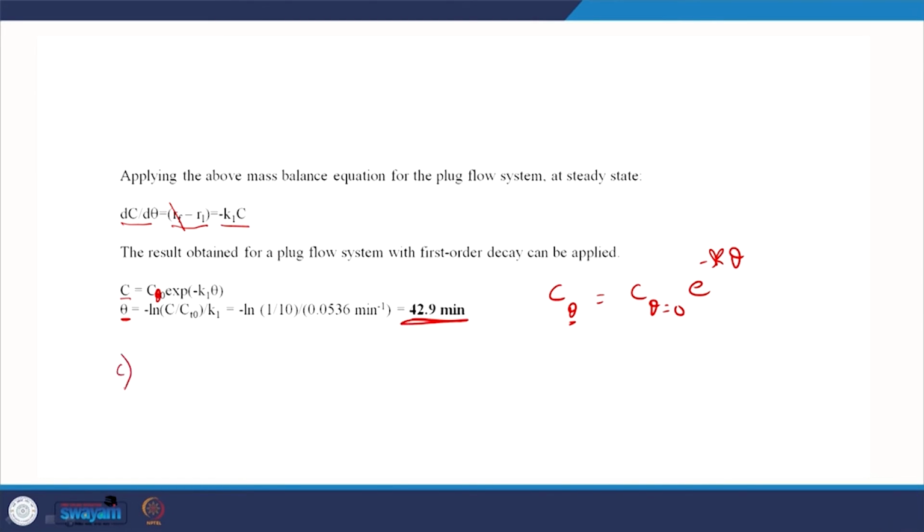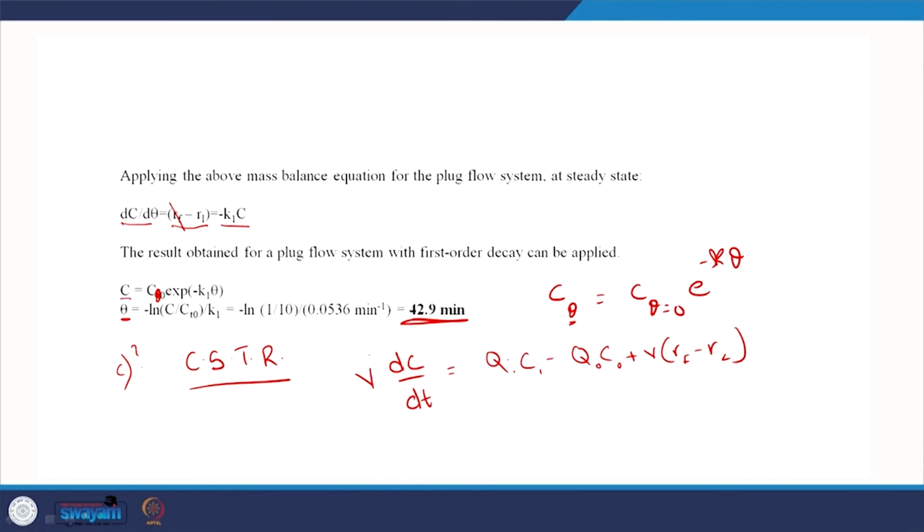We are in part C, we are going to calculate it for CSTR or the continuously stirred tank reactor. So, here we are going to use the macroscopic equation. So, dC by dt is equal to mass coming in minus mass going out plus volume into rate of formation minus rate of loss.